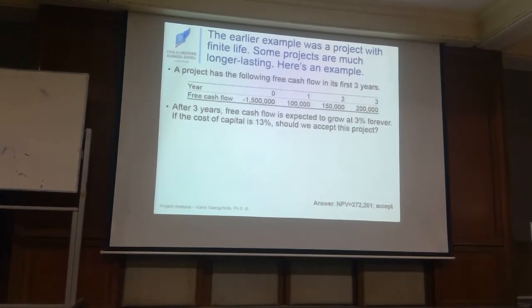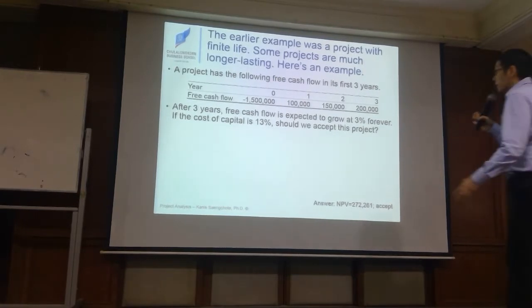So in this situation, for year 4, you could say the cash flow grows by 3%. Year 5 cash flows grow by even more by 3% after that. But you can use a growth perpetuity formula to convert all the future cash flows into a terminal value, then do the calculations from there. So here I'm not going to walk you through the example, but you see this in the stock pricing class, but I have the answer for you in the bottom right here.